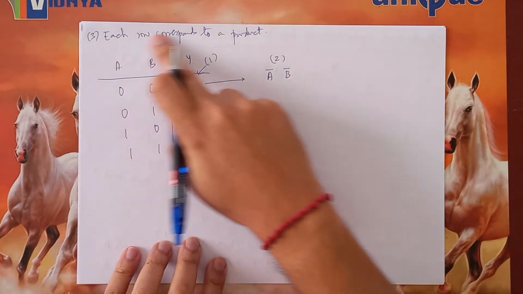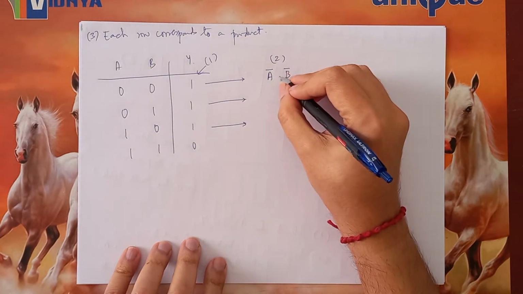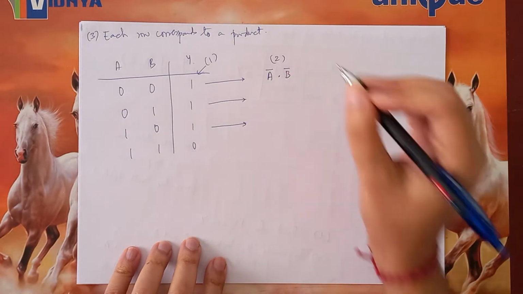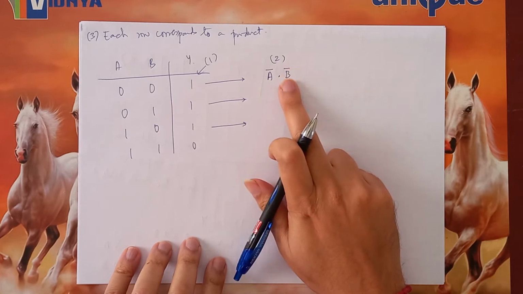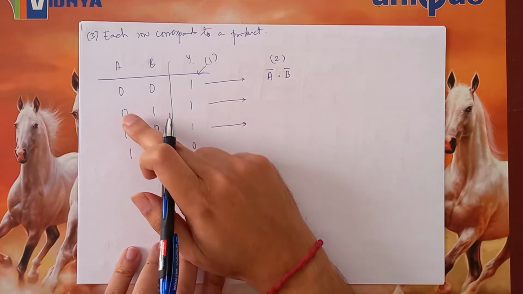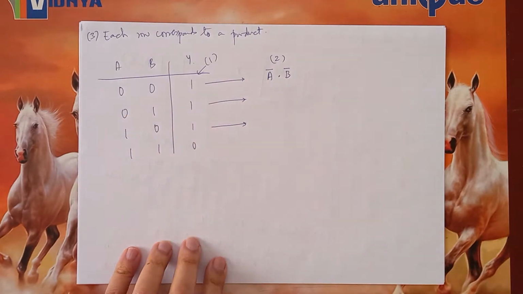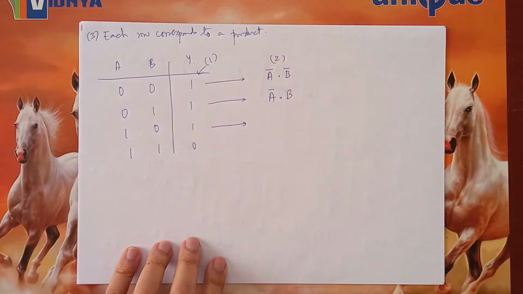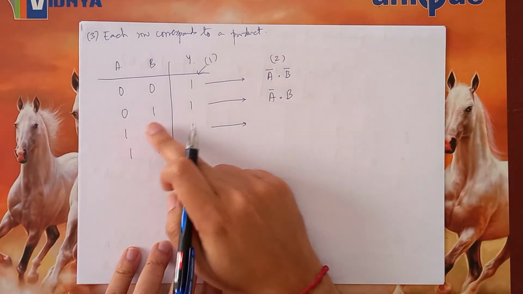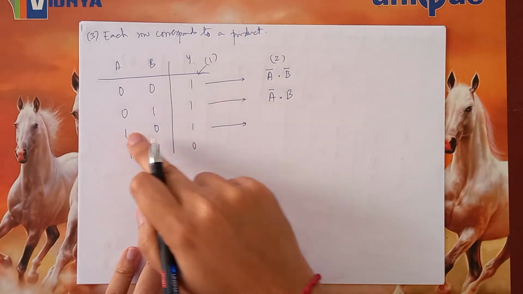But what did we say? Rule number 3, each row corresponds to a product. So therefore it will be A bar dot B bar. This is A bar, this is B, so this row will be A bar dot B. This row is A dot B bar.